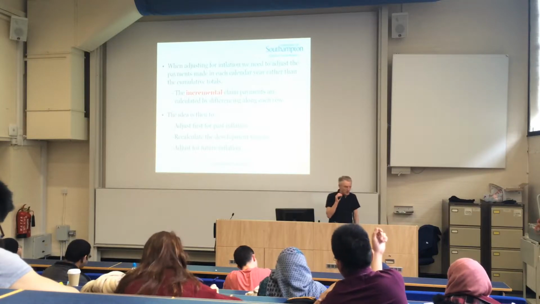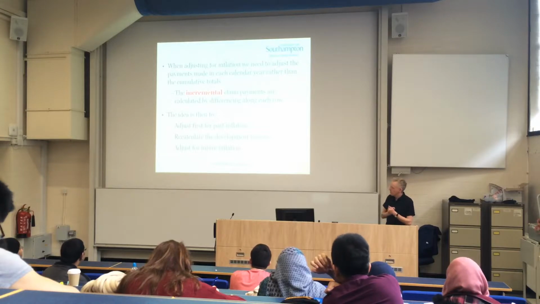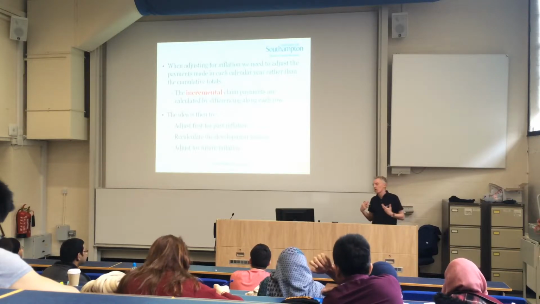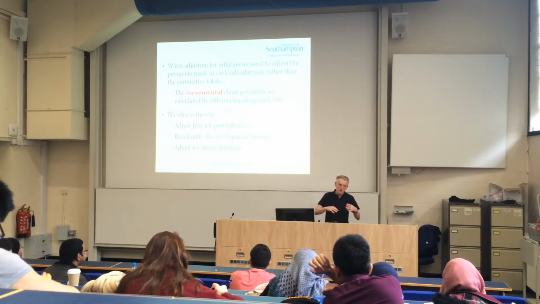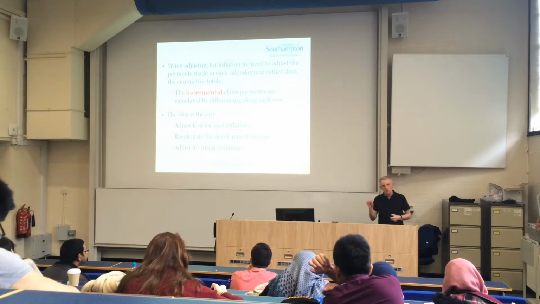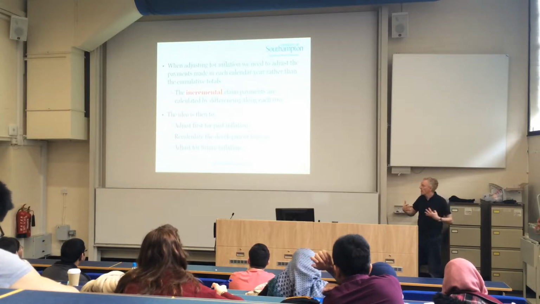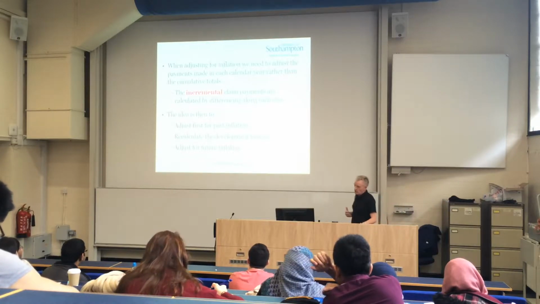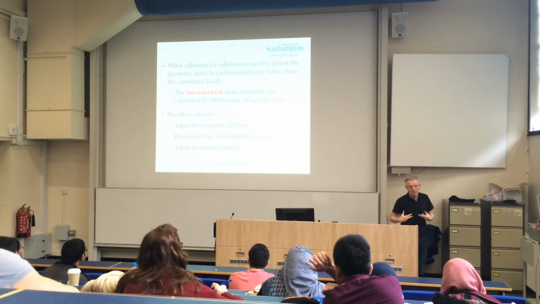Now again, just going back to the basic idea from Friday, you remember that we started off with a table in which the numbers represented cumulative claim payments, and they were cumulative claim payments over a number of years. Now, to factor in inflation, to take out inflation, what we first have to do is to calculate the incremental claim payments.